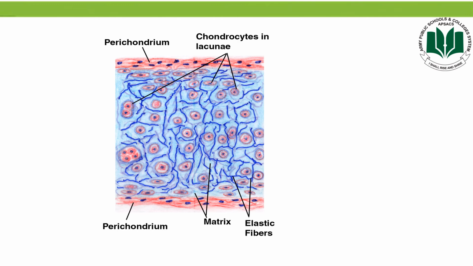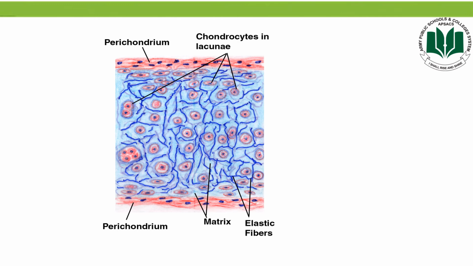The matrix is basically a gel-like component composed of collagenous and elastic fibers. There are also small cavities distributed in the matrix, called lacunae. Lacunae contain a cartilage cell, and as we discussed in the previous slide, these cartilage cells are called chondrocytes.